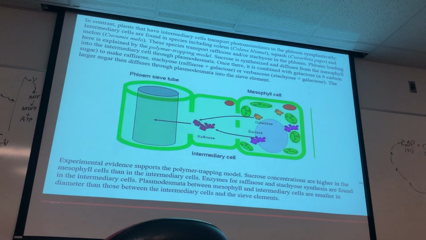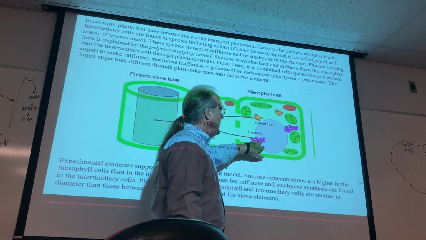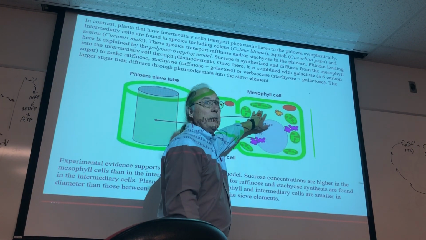In these plants, phloem loading occurs totally symplastically. There's no apoplastic step. And how does it work? Sucrose is synthesized in the cytoplasm of mesophyll cells.